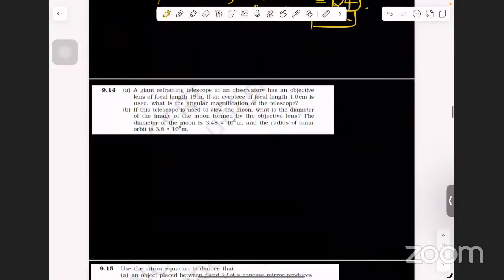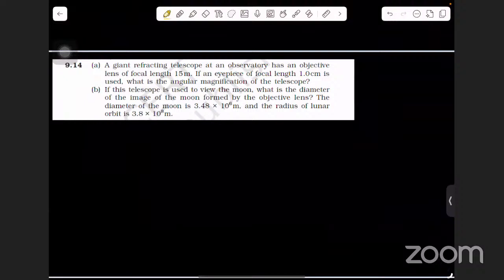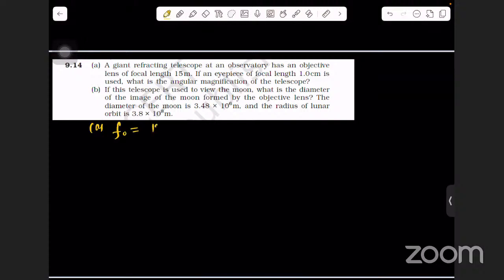Next question, 15. A giant refracting telescope at an observatory has an objective focal length 15 meters, eyepiece focal length 1 centimeter, that is 0.01 meters. Okay. What is the angular magnification?